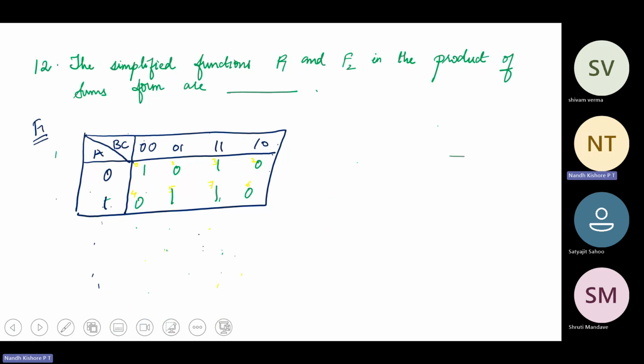And again, we have to go ahead and group it. We will group it in terms of zeros. Obviously, this will be alone, and this together, and this together. So what is F1?